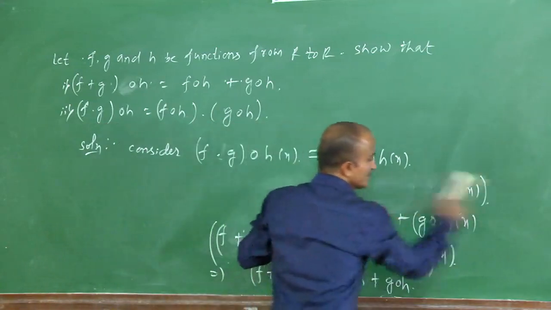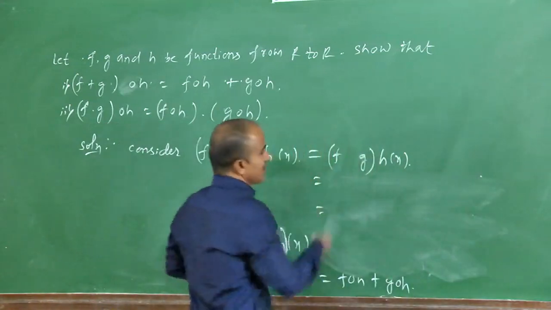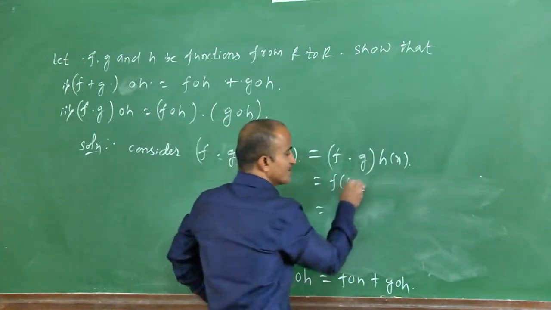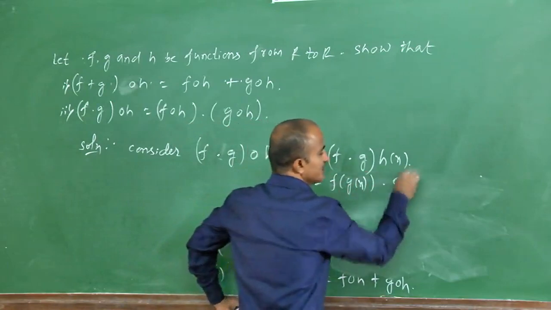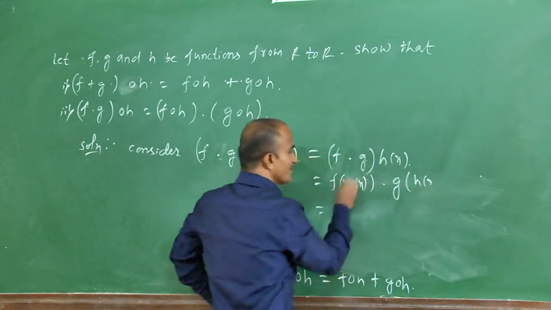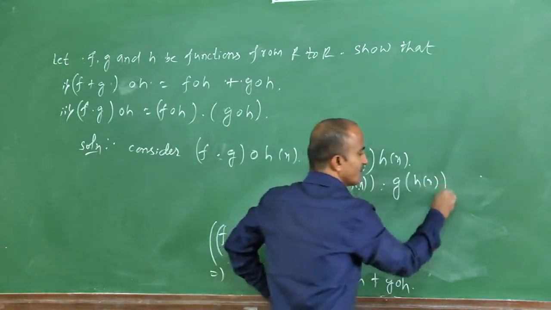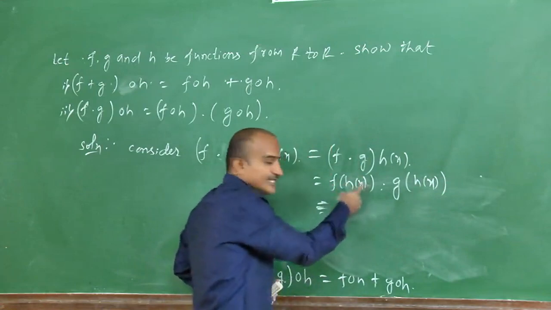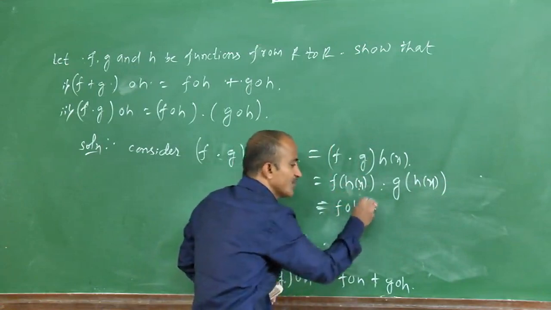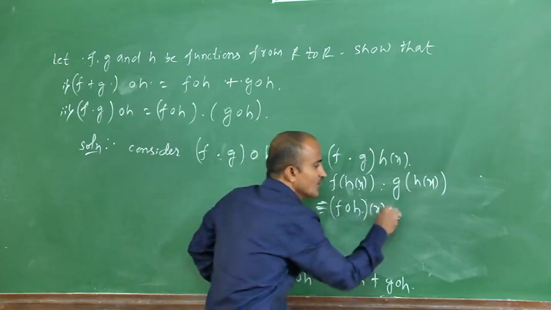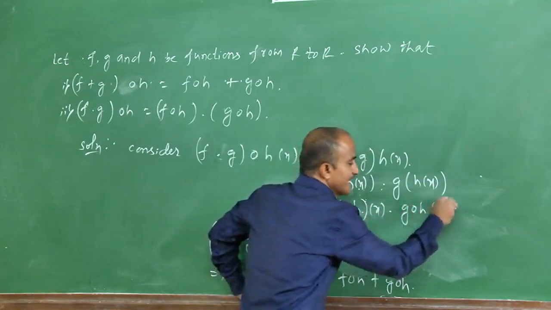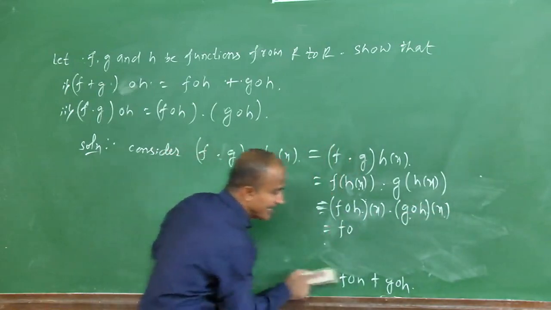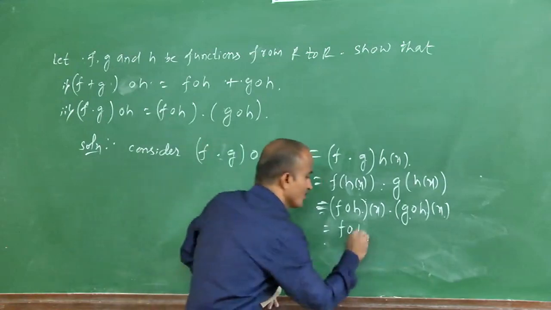Then (f into g) of h of x can be written as f of h of x into g of h of x, where f of h of x is written as f composition h of x, into g composition h of x, and that can be written as f composition h into g composition h.